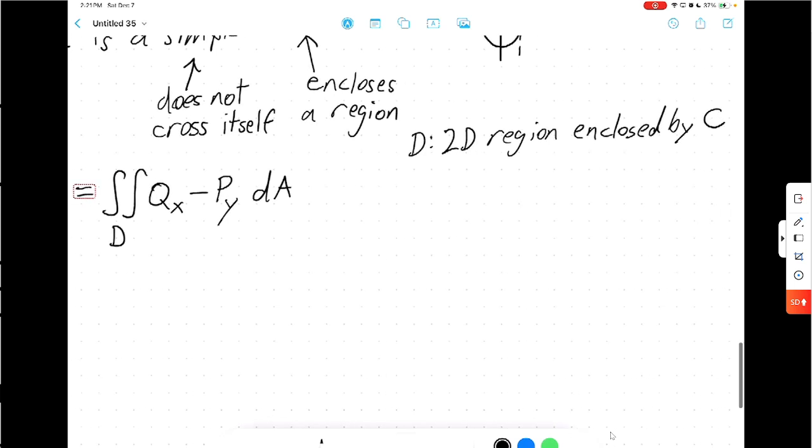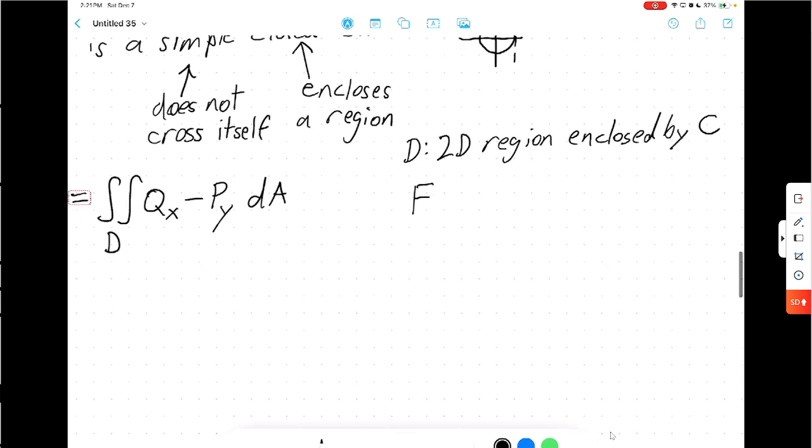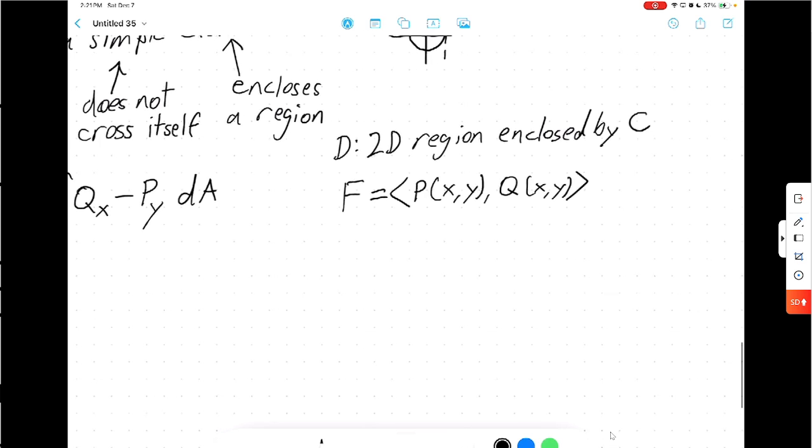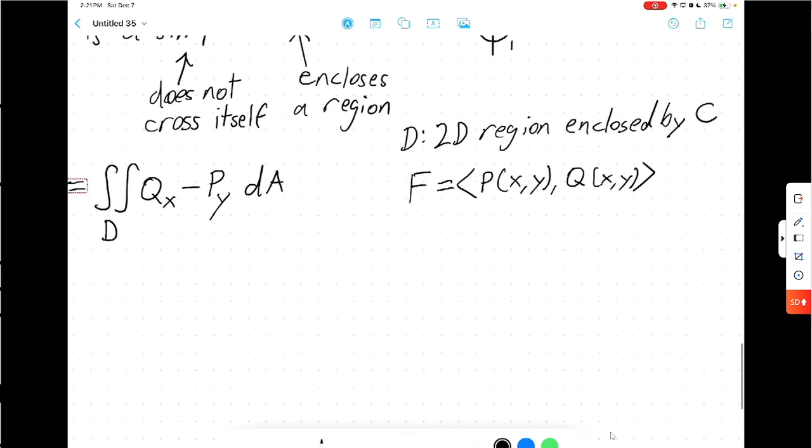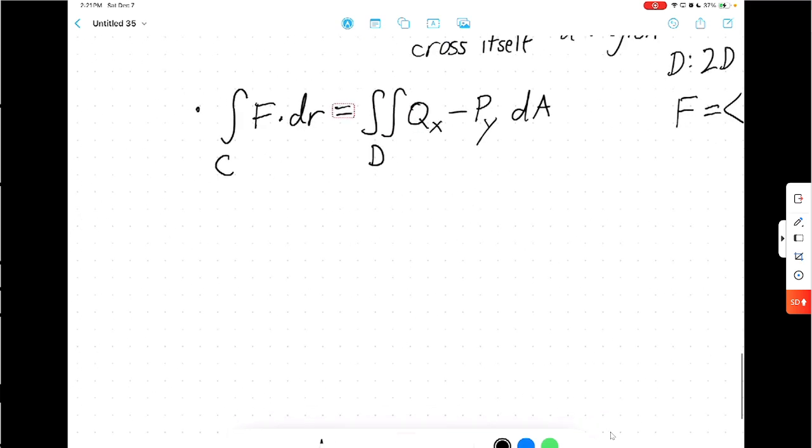Now, what do I mean by Q_x and P_y? Well, our vector function is going to be some function P(x,y), Q(x,y), like so. And essentially what this is saying is the partial derivative of Q with respect to x minus the partial derivative of P with respect to y.